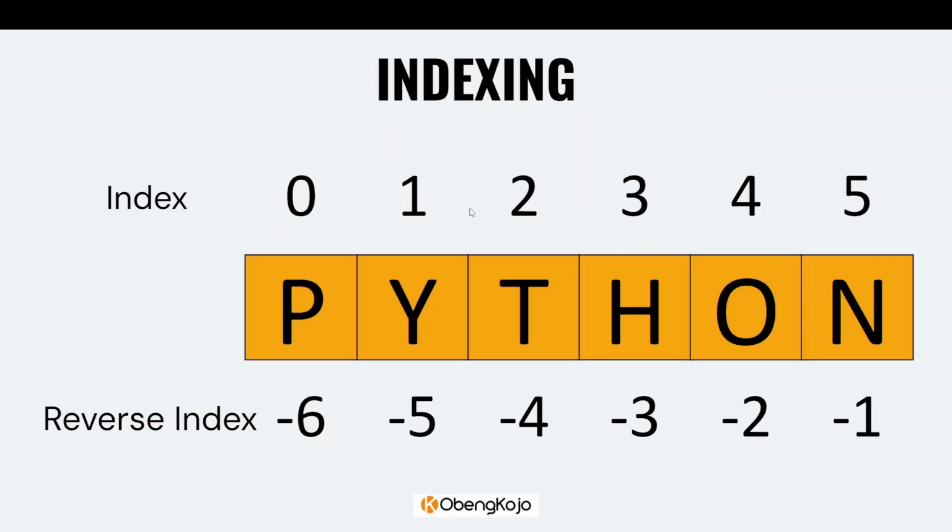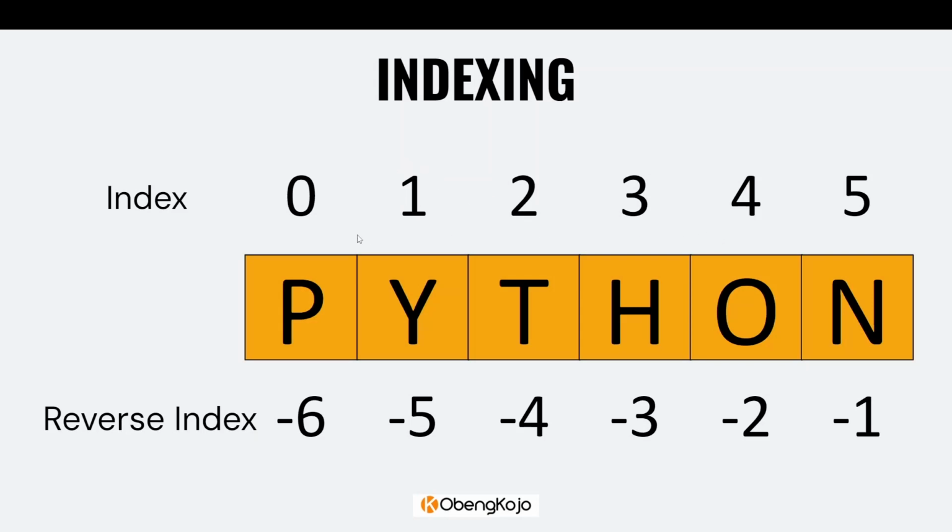Now let us quickly look at how indexing actually works. Let's assume that we create a string variable that has Python stored in it. This is how the indexing works. Every character that is stored within a string has its position, and in Python the very first character has the position of 0, the next one 1, in that order.